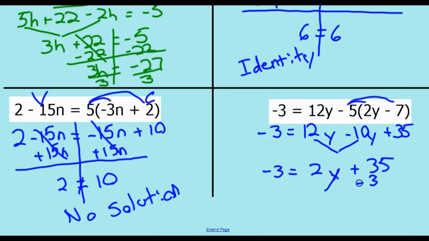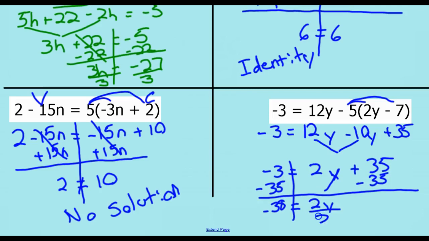I'm going to subtract 35 from both sides. I get negative 38 equals 2y. Divide that by 2. And I get y equals negative 19.